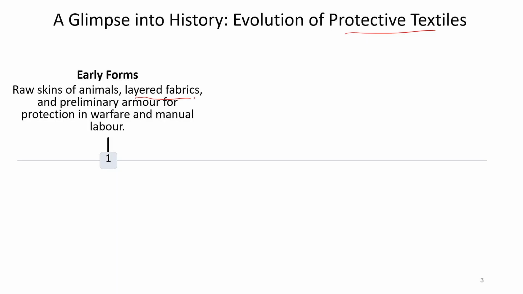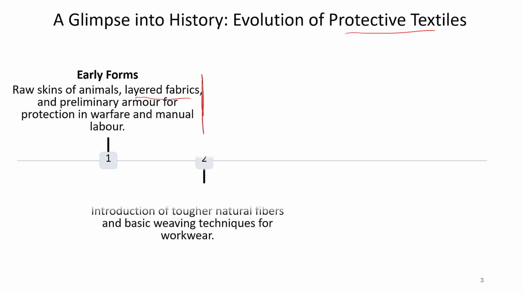So, multi-layer fabrics were wrapped to protect from any type of mechanical threat. Then preliminary armors were used for protection in warfare and manual labor. So, this type of protective measures were used in the early age.